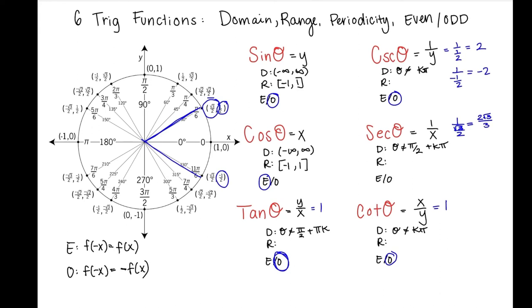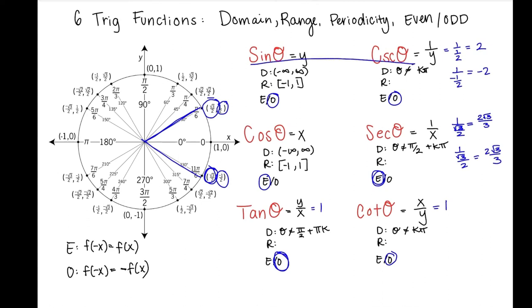Now, my secant of my negative 30 degree angle is still the same number for x. So these are going to come out to be exactly the same number, which means this is an even function.